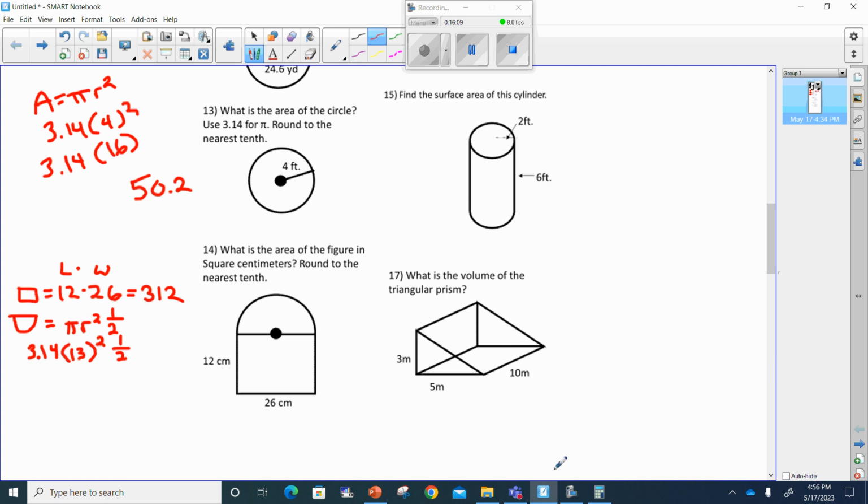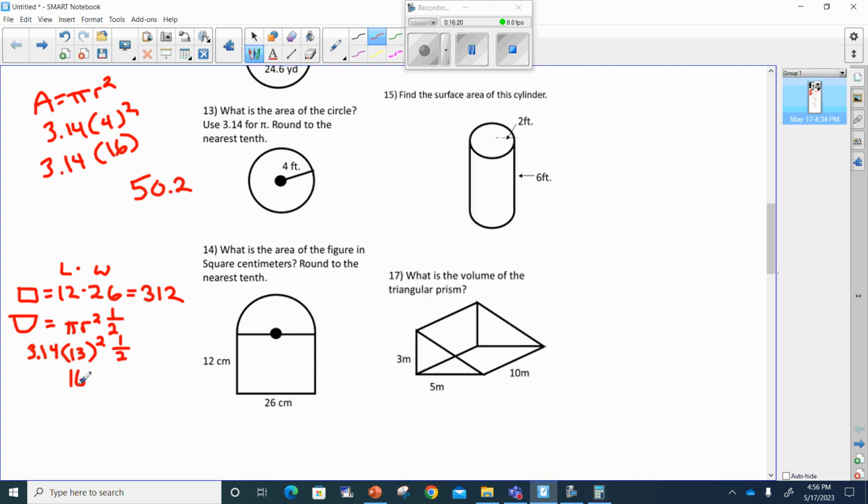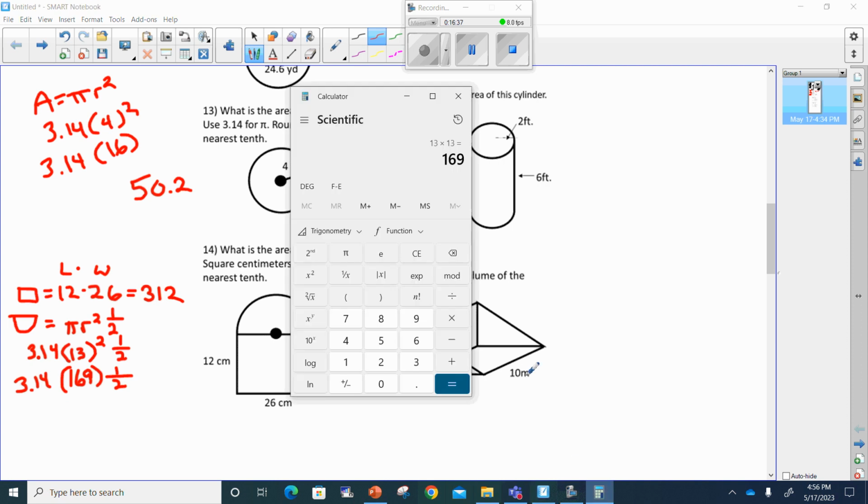And then we'd multiply that by 1/2 or divide it by 2, however you want to look at it. So let's take 13 squared first. That's 13 times 13, which equals 169. Now we're going to take 3.14 and multiply it by 169, and then divide it by 2.